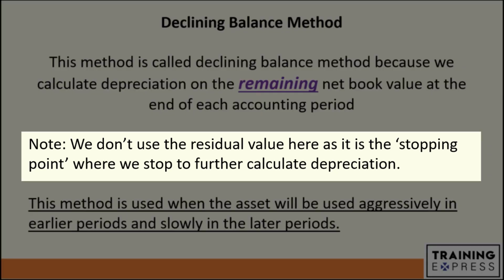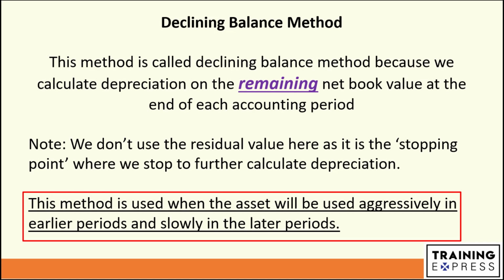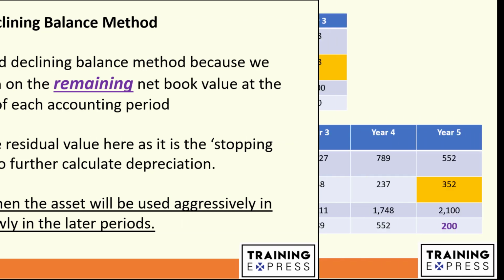Note, we don't use the residual value here, as it is the stopping point where we stop to further calculate depreciation. This method is used when the asset will be used aggressively in earlier periods and slowly in the later period.